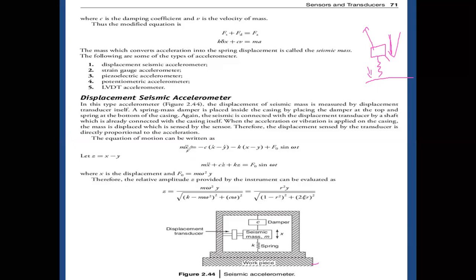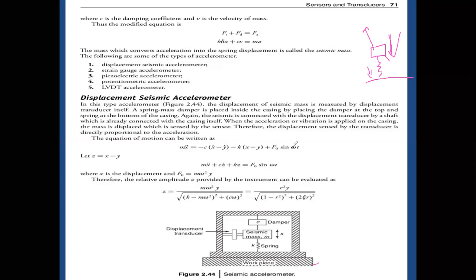So m x double dot is nothing but m a. Here x is the displacement, x dot is the velocity, and x double dot is obtained by differentiating two times, which gives the acceleration. It equals minus c x dot, where x dot is the velocity, minus k x, where k is the spring stiffness, plus f naught sin omega t.